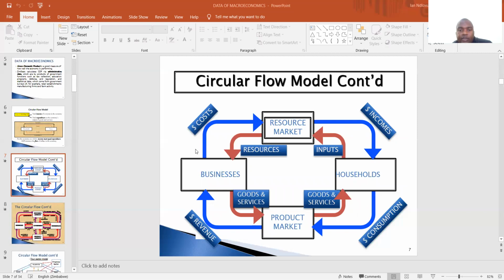The diagram can be drawn in such a way that the money flows are anti-clockwise and the goods flows are clockwise, depending on the positioning of businesses and households.